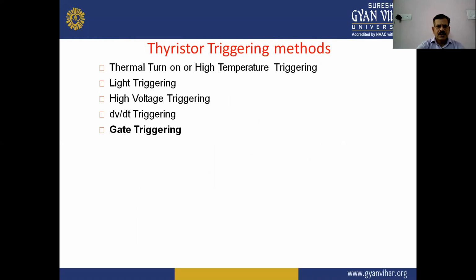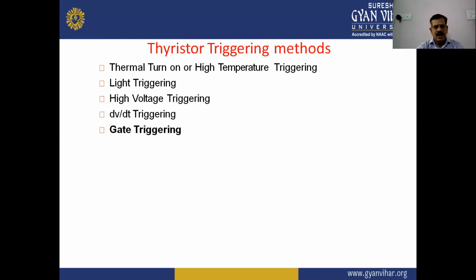Next one, thyristor triggering methods or thyristor turn on methods. There are different methods with the help of which we can turn on the thyristor or SCR. The first method is thermal turn on or high temperature triggering.